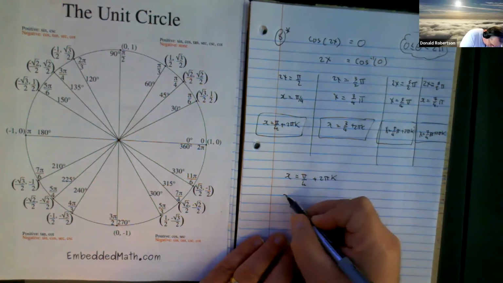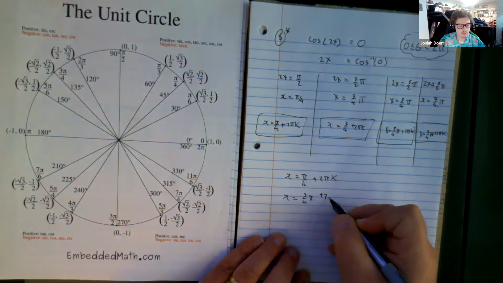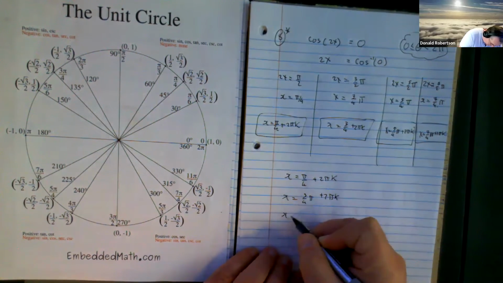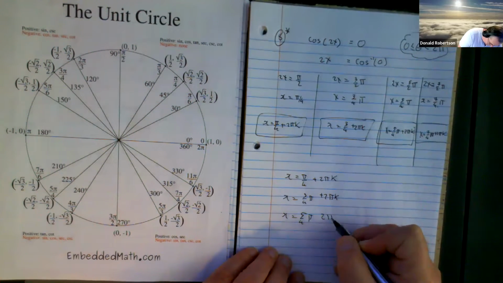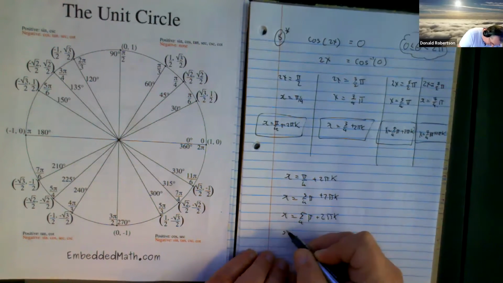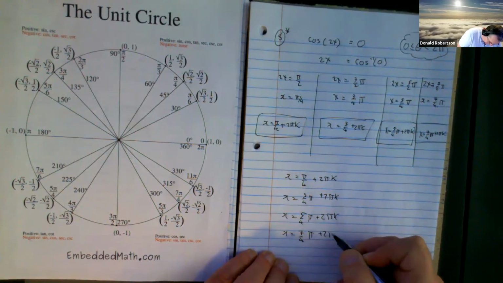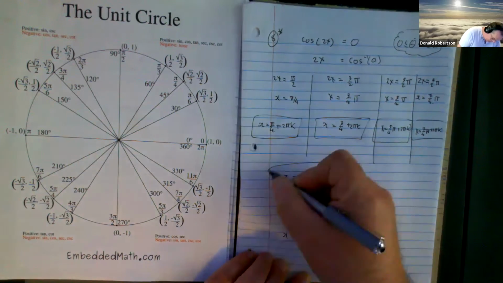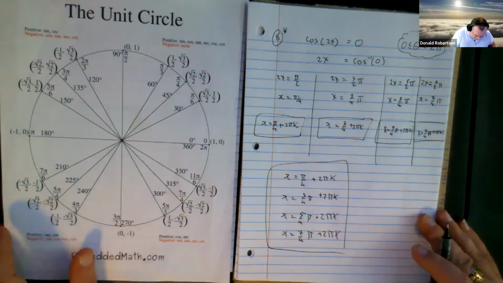So there's our first answer. That was the second one. That was the third one. And last, there you go. So those are the 4 answers that we got to that trig equation.